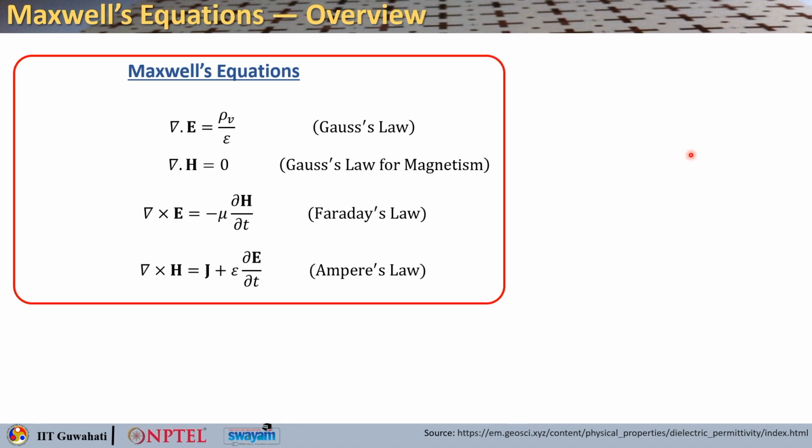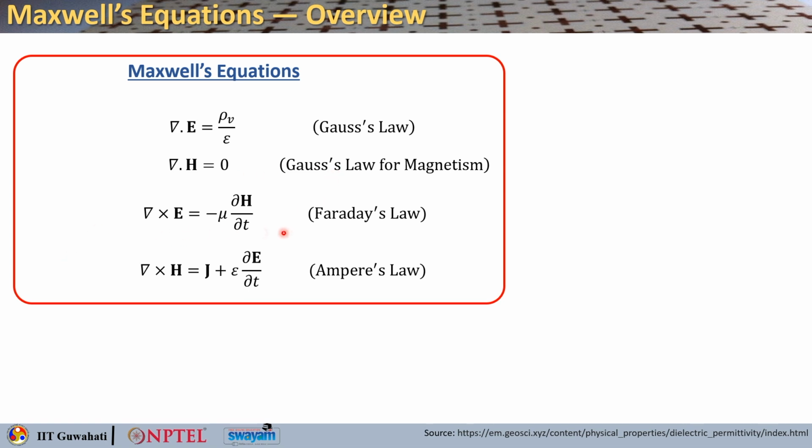Though actually those 4 equations were basically all done by other scientists. The first equation, which tells you the divergence of the electric field equals rho v by epsilon, is Gauss's law of electricity. Then del dot H equals 0 is Gauss's law for magnetism.